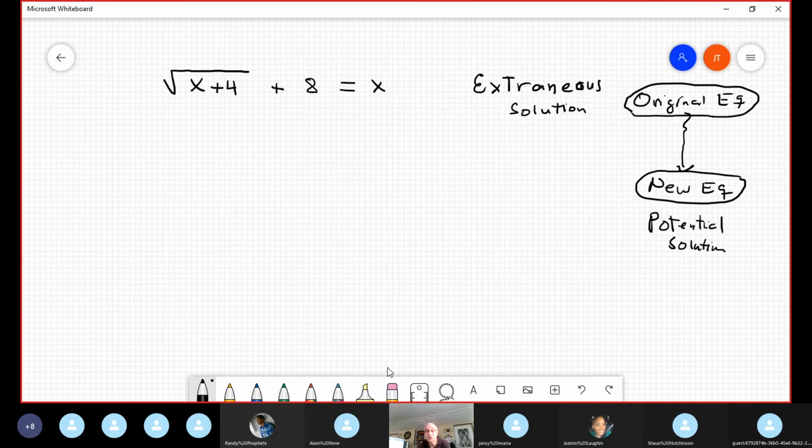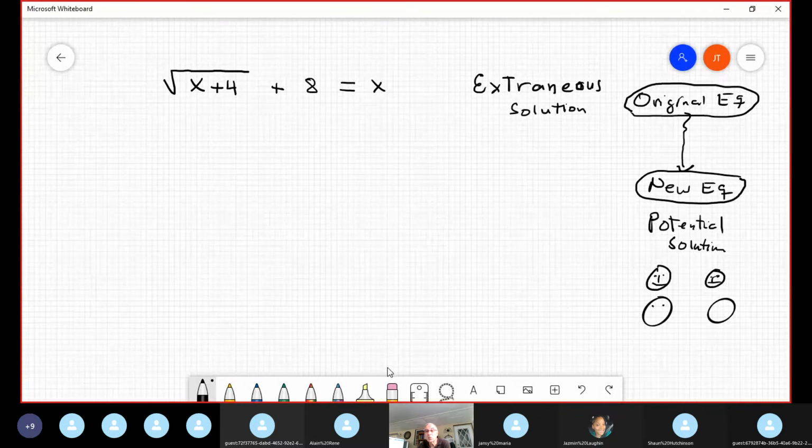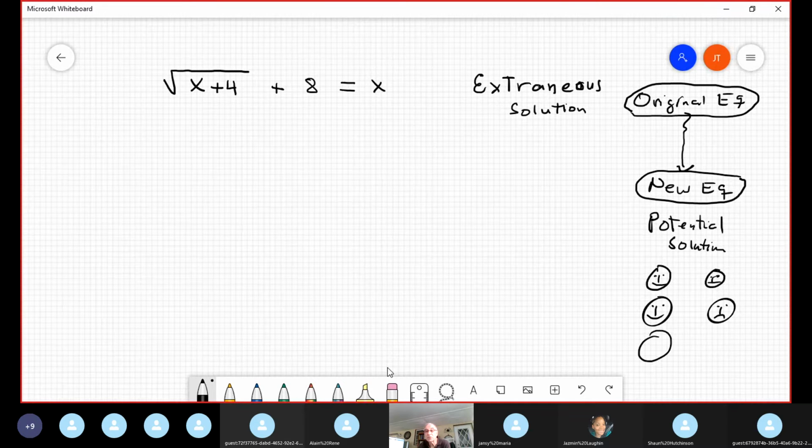And when you verify, sometimes it happens, not always. Suppose two solutions, and both are good. Or you have two solutions, one is good, another is bad, an extraneous solution. Or we have two solutions, and both are bad. So there are many possibilities. There are no rules, depending on the problem, depending on the example.